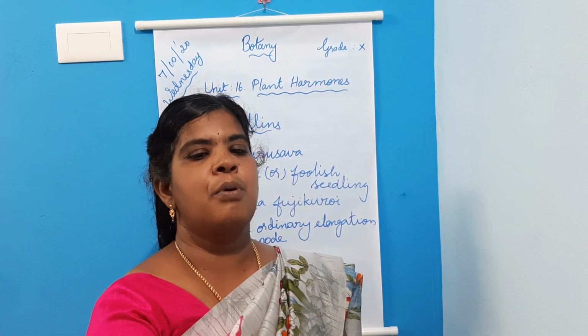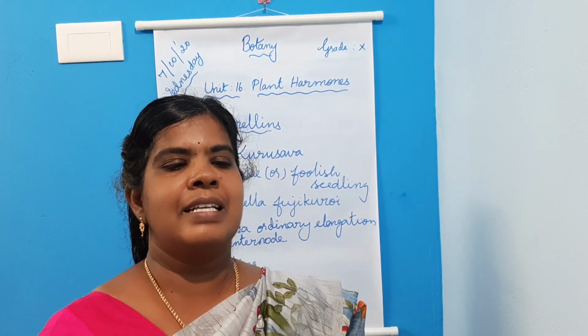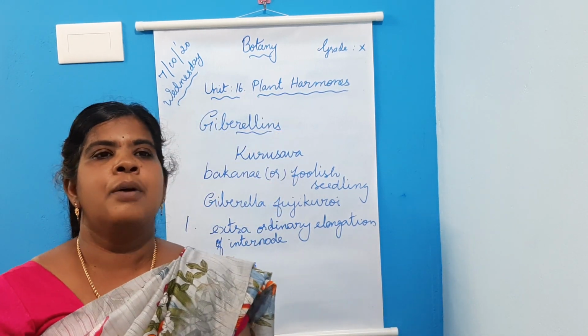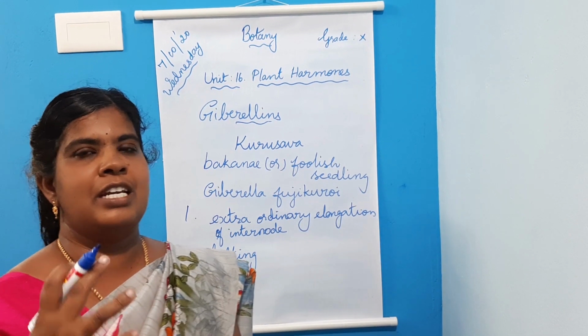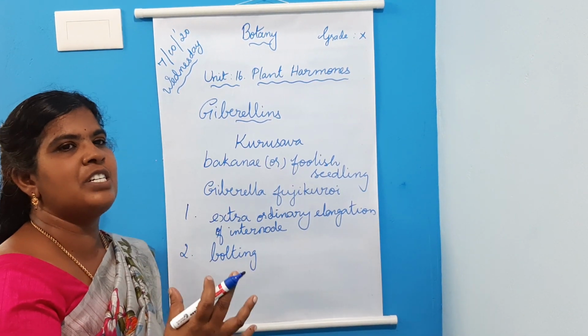The third effect is that gibberellin promotes the production of male flowers in cucurbits, which are monoecious plants. What are monoecious plants?